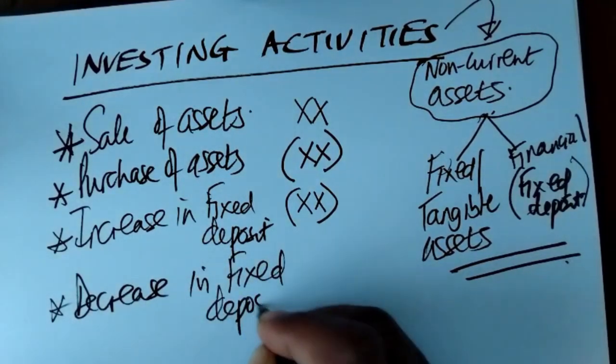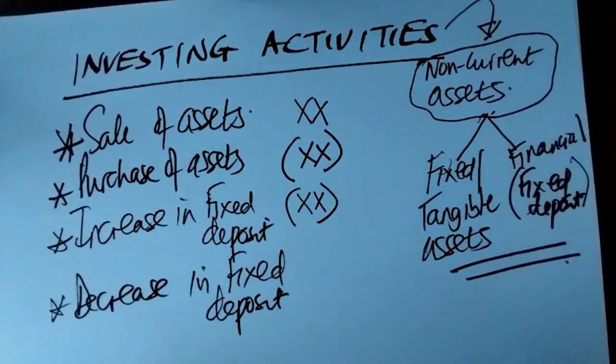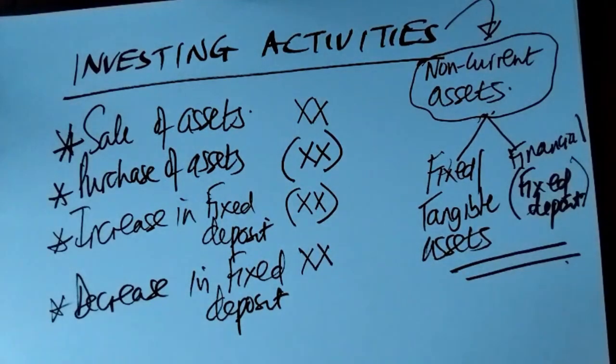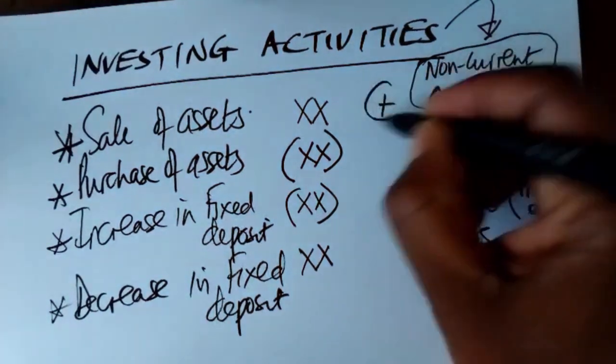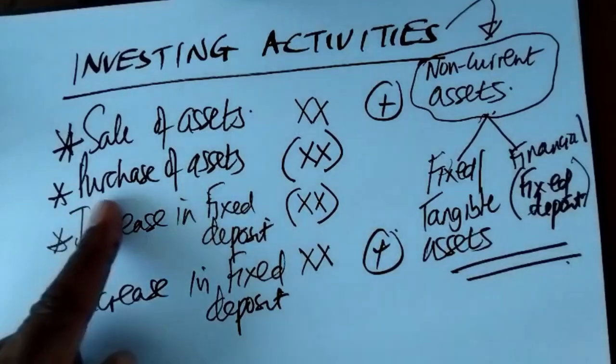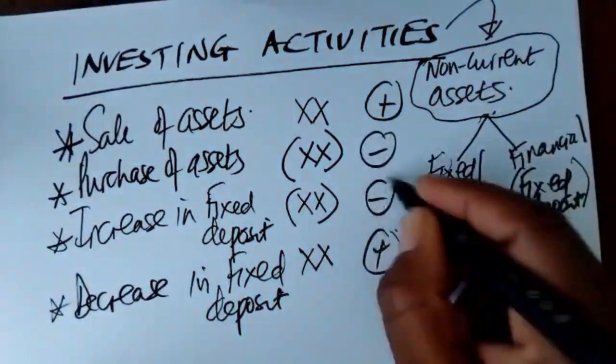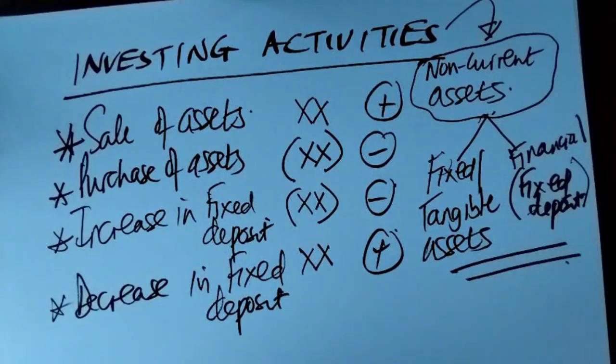If the fixed deposit decreases, it means there is a maturity. In other words, your money is matured and the money is coming back to you. So it will result in an inflow. So when you're talking of investing activities, sale of assets and a decrease in fixed deposit will result in a positive sign, right? And then purchase of assets and increase in your fixed deposit will result in a negative sign.